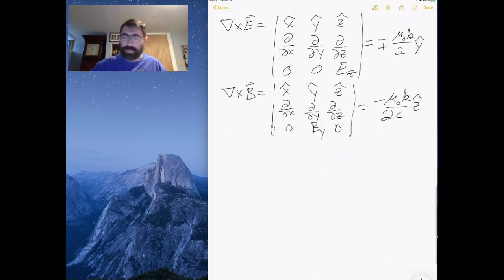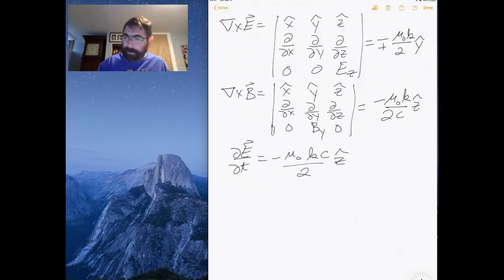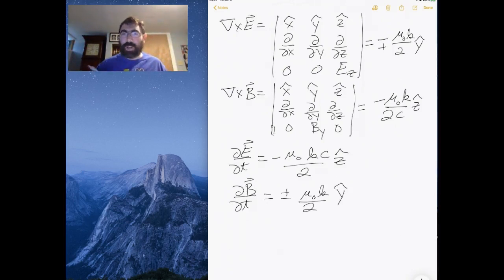And so if I look at this, the time derivative of the electric field is minus mu 0 kc over 2 in the z direction, and the time derivative of B is plus or minus mu 0 k over 2 in the y direction.